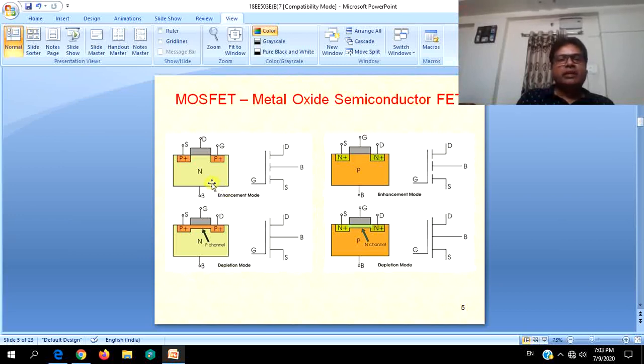This is the simple construction of MOSFET. This is PNP and this is NPN. Just notice a difference between these two PNP structures, where the P plus layers are not shown with any sort of interconnection, whereas in this figure it is shown as if the two are shorted.